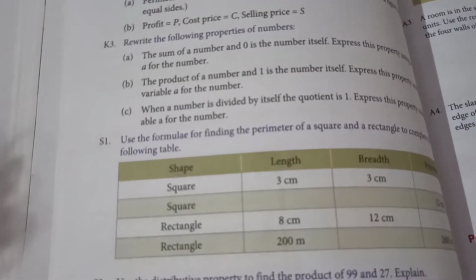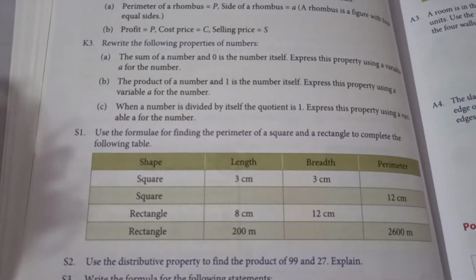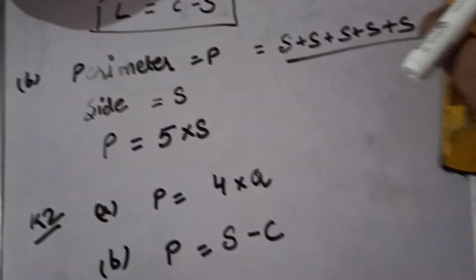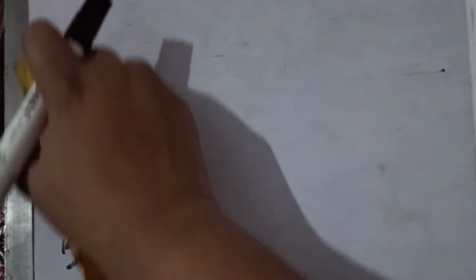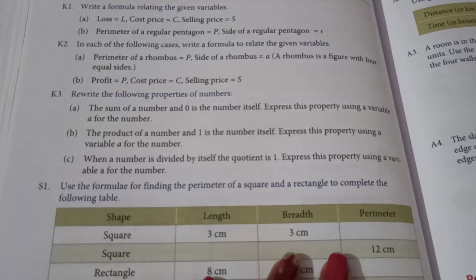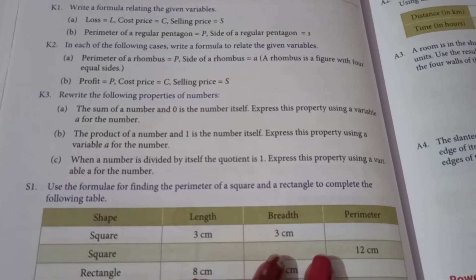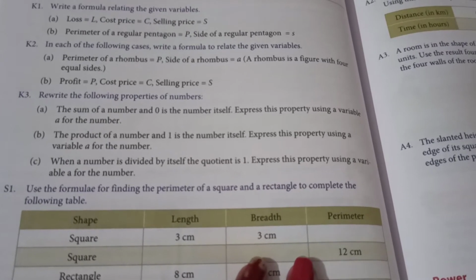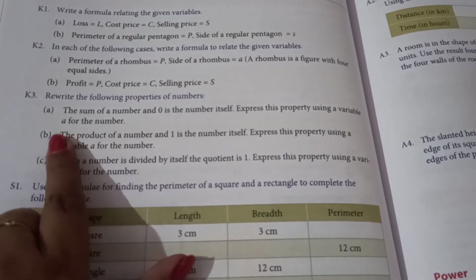Now, question 3, rewrite the following properties of a number. Now, we have to write down the properties which we discussed yesterday, the properties of whole numbers, like associative, distributive. So, the first one is the sum of a number and 0 is the number itself. So express this property using variable a for the number.